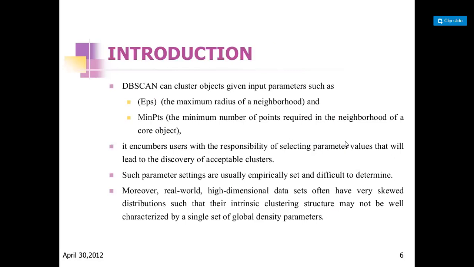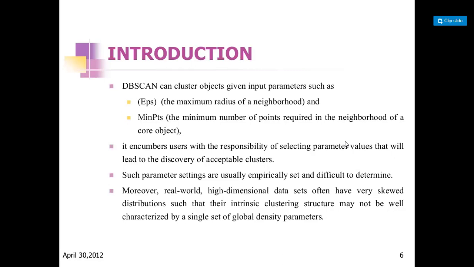When we select a point, we draw a circle with radius epsilon, and if the number of points within it is more than the defined min points, then it is considered a dense region, otherwise rare.